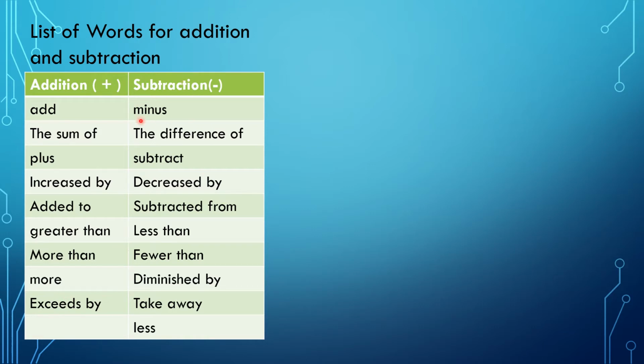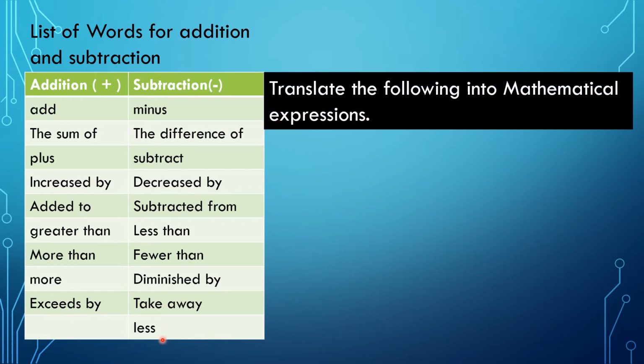For subtraction, we have minus, the difference of, subtract, decreased by, subtracted from, less than, fewer than, diminished by, take away, or less. Now, let's have some simple translations into mathematical expressions.